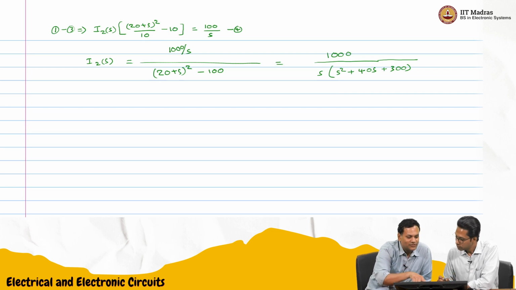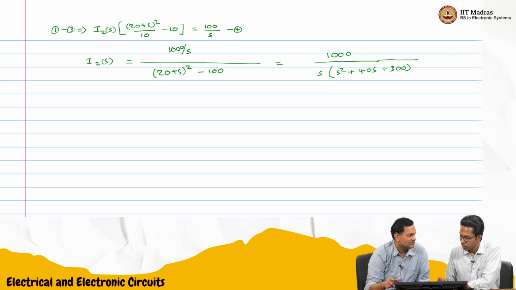You know what we could have done? This is 20 plus S whole squared minus 10 squared. So instead of writing like this, we can write this as 20 plus S plus 10 into 20 plus S minus 10. Maybe we can directly write it that way.